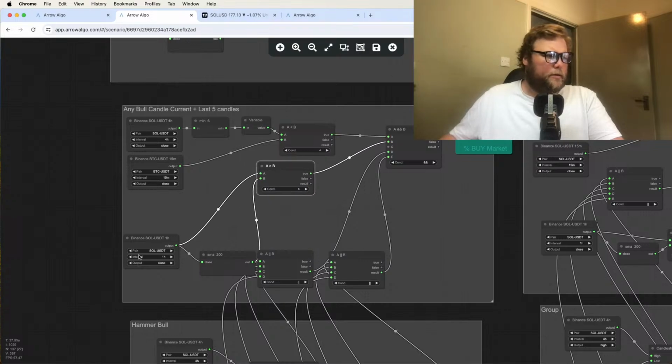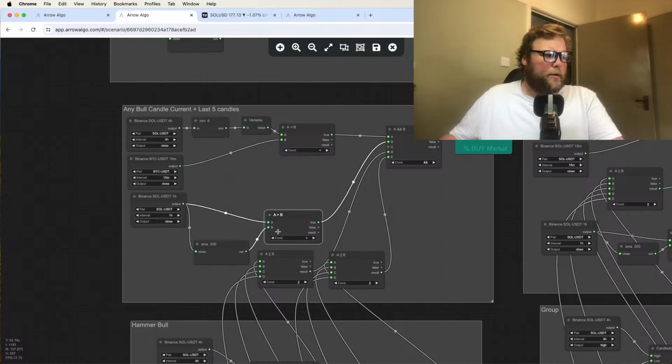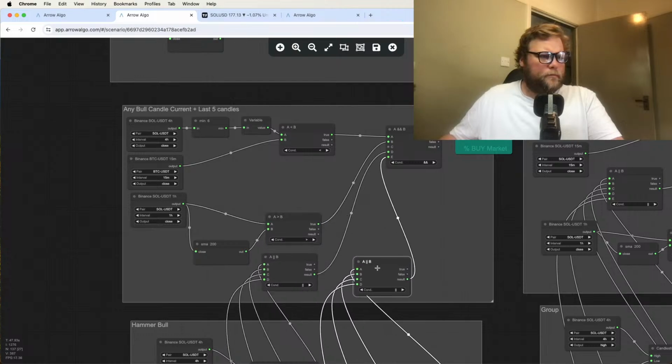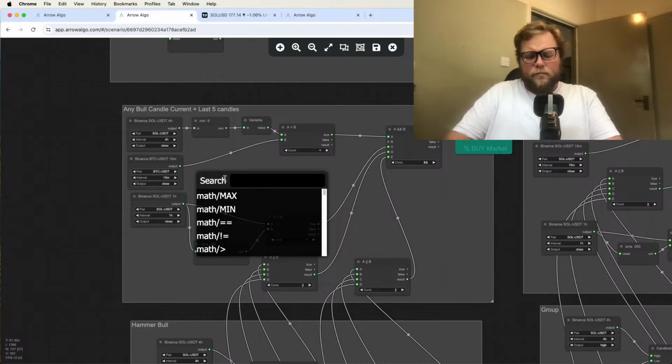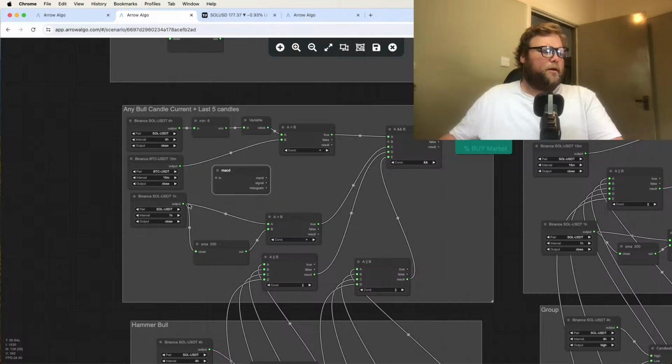Just clean this up a little bit. So we also want to see this 1 hour moving average convergence divergence. Also we'll stick in the moving average convergence divergence indicator block.